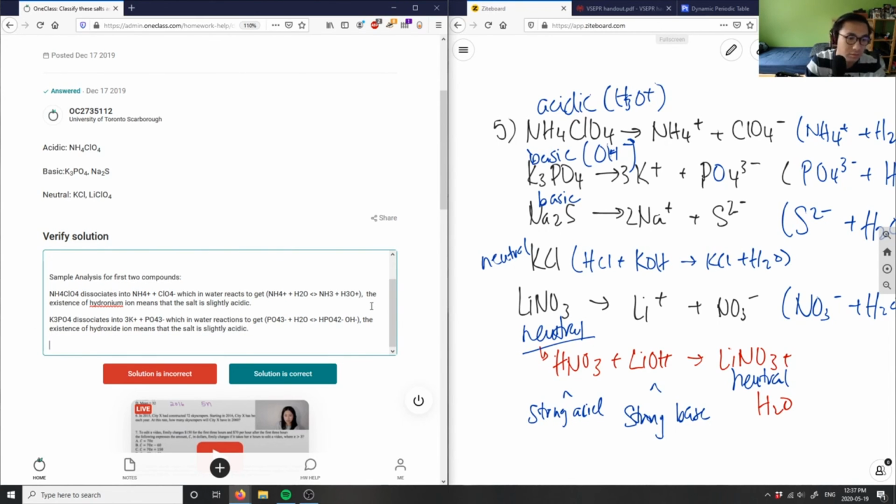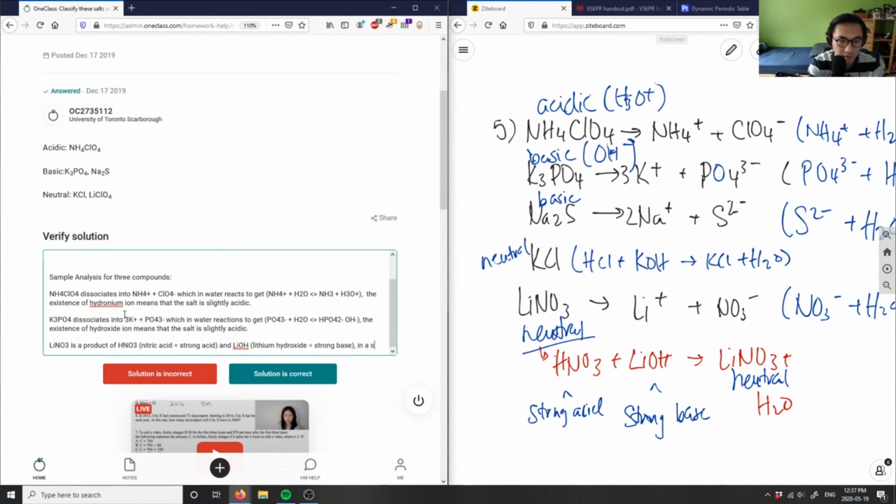And then I guess I'll do it for 3 compounds, one acid, one base, and one neutral. LiNO3 is a product of HNO3, nitric acid, which is a strong acid, and LiOH, lithium hydroxide, which is a strong base.